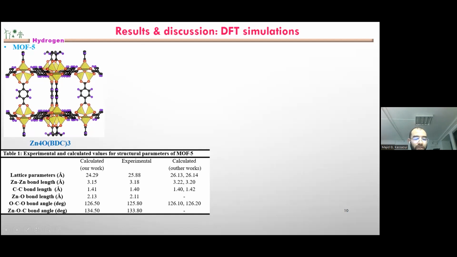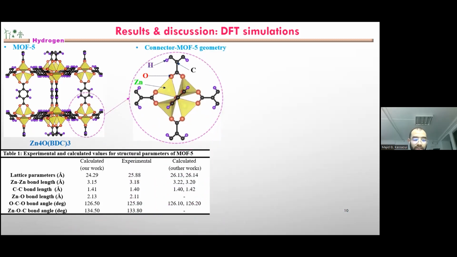This structure is composed of 425 atoms, which is too expensive in time and requirements for the computation. Thus, to avoid the computational inconvenience, we consider in this work a simplified system, namely the connector. This connector is the side of the crystal structure of the metal organic framework.